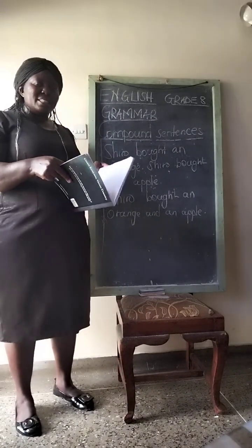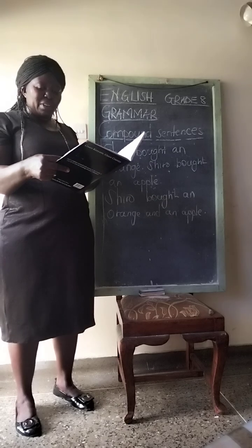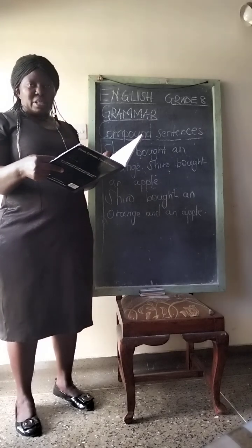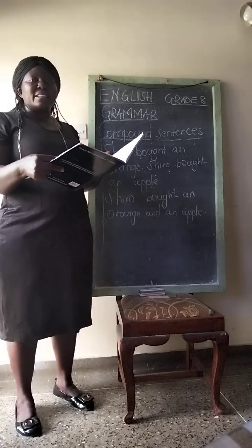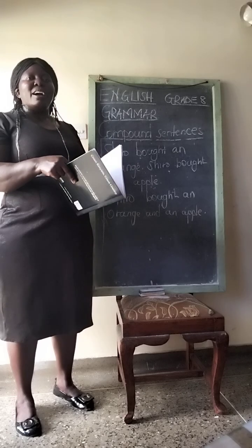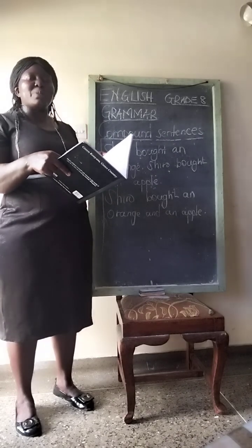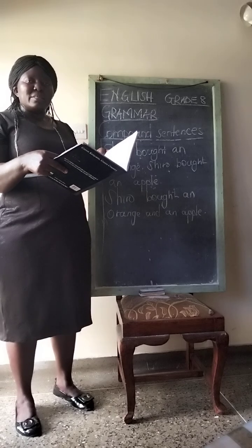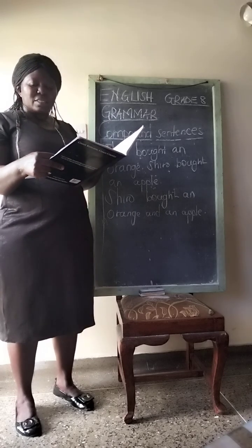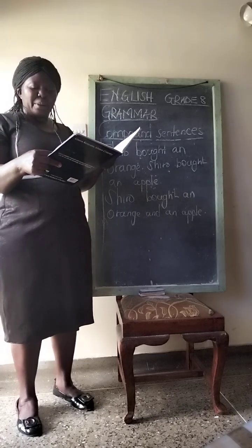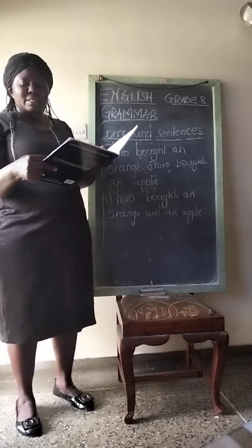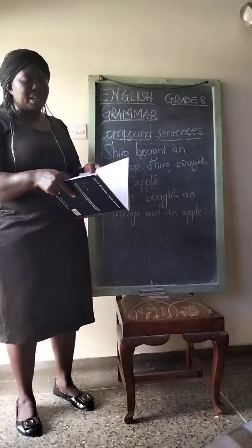Well, it is a compound because we have used or. And the sentences here are two, and they've been joined together to give us one. The first one is, do you have this design in size 38? The other one, do you have a similar design in size 39?